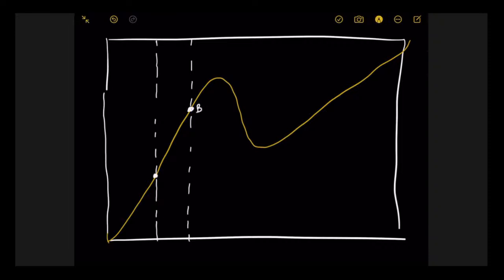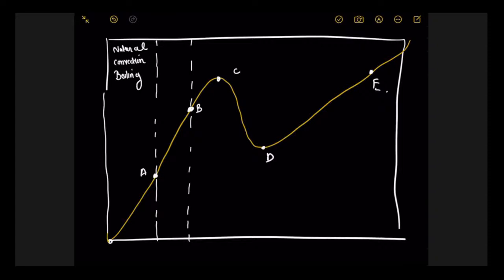This is B point, this is A point, here it is started. This is C point, this is D point, and this is E point. So here it is natural convection boiling.